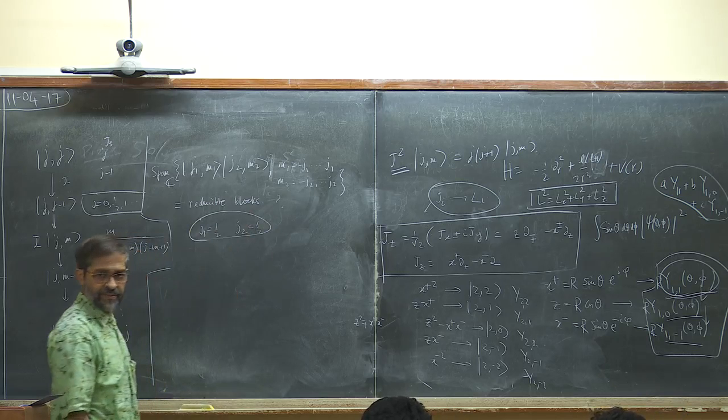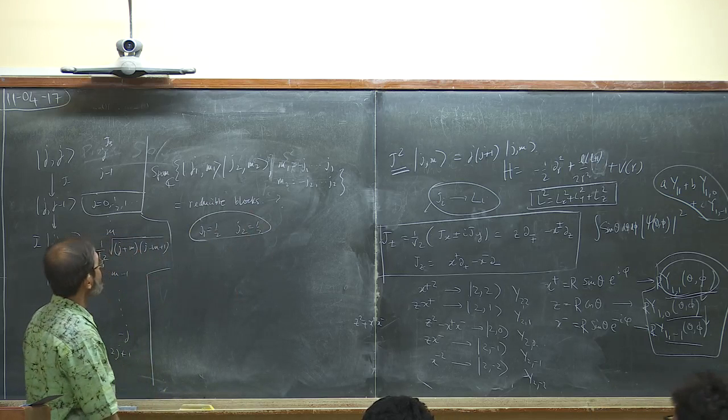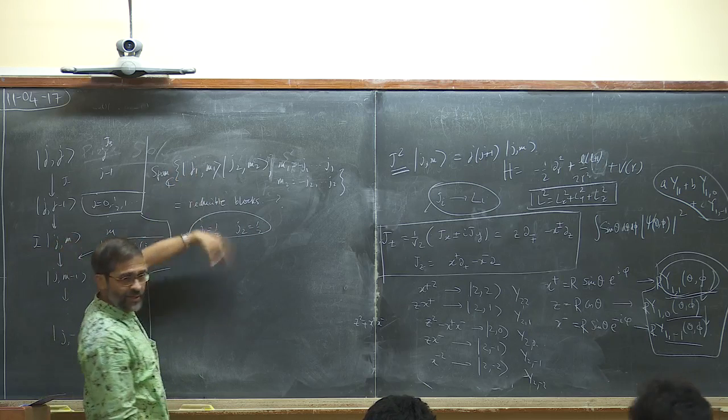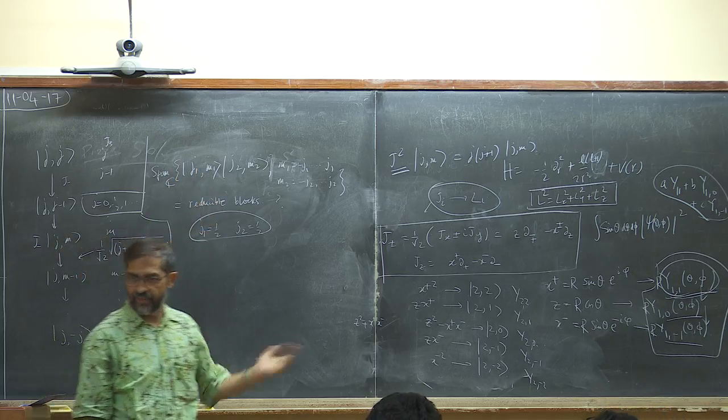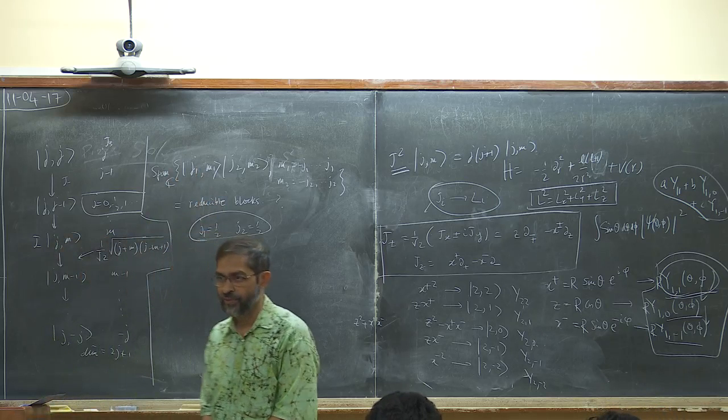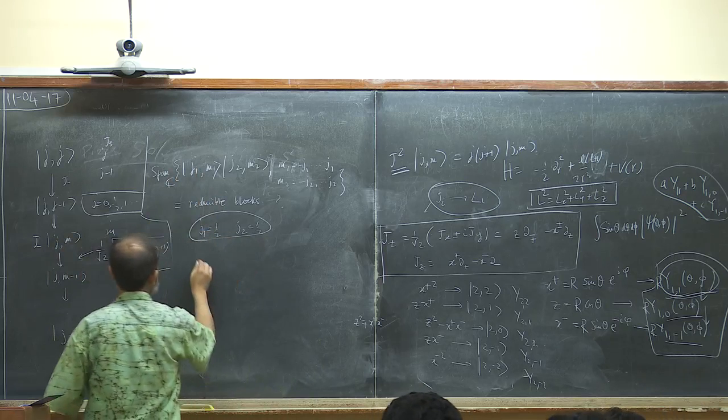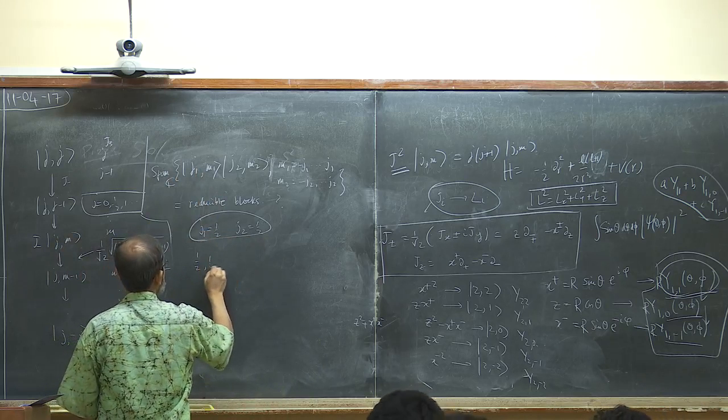How many states are there? In the J1 there are 2, and in that one there are 2. So 4 states altogether. So let me write it down. Half, half.